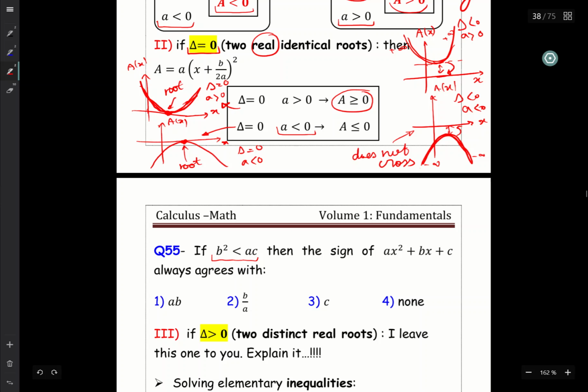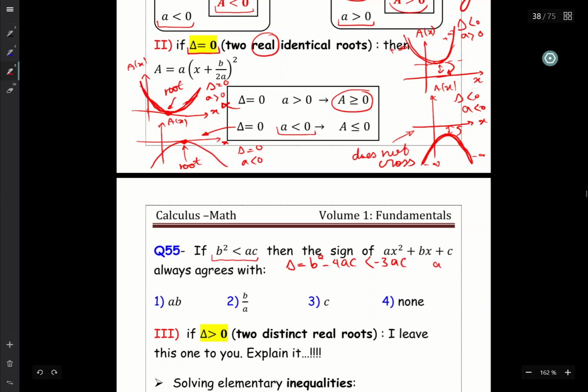Okay, let's see. b squared is less than ac. So what is delta? Delta is b squared minus 4ac. So b squared is less than 4ac. So this is less than minus 3ac, right?